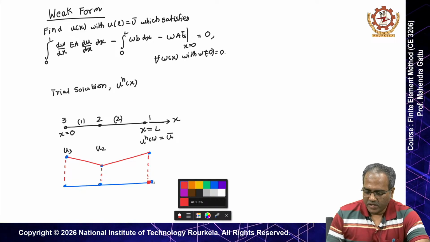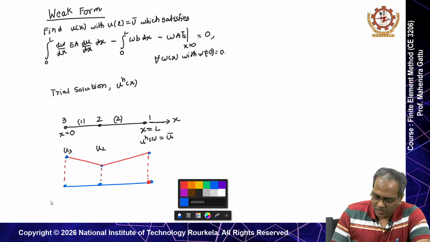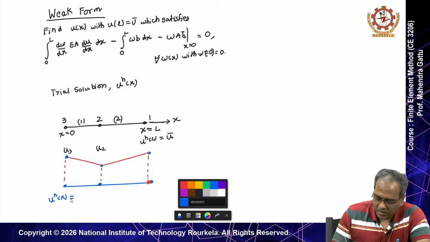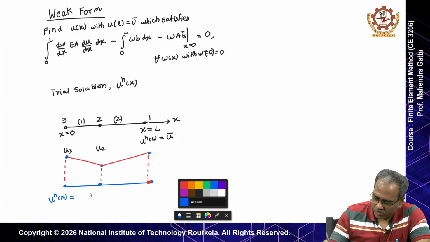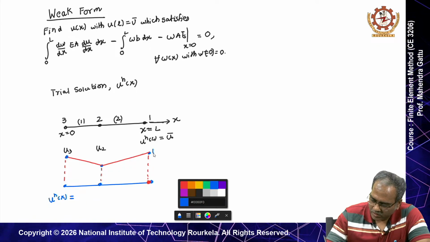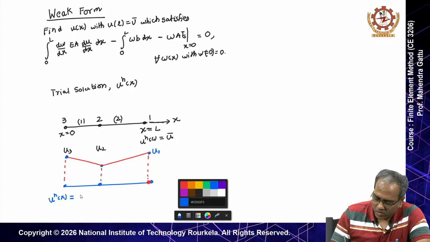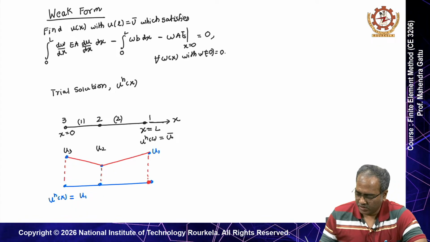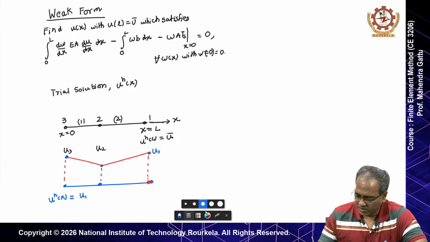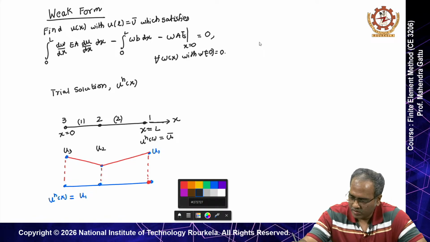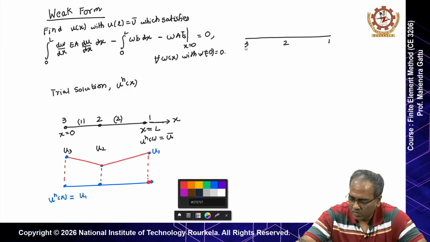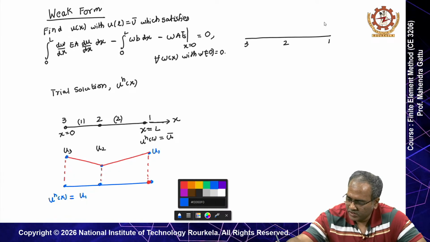So, we write the global trial solution in this form: u h of x is u1 times, let us call, I think we have to introduce the shape functions also. So, let me introduce the shape function here. 1, 2, 3. So, the global shape functions are like this.